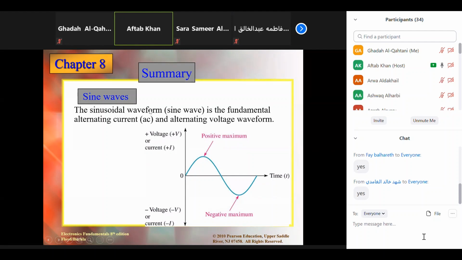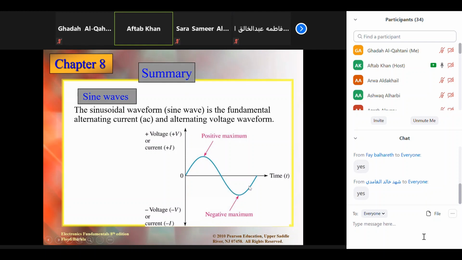The shape is the same. On the x-axis we have time, on the y-axis we have either voltage or current. Above the zero axis it is positive, below the zero axis it is negative. You can see that with time the value keeps on changing.